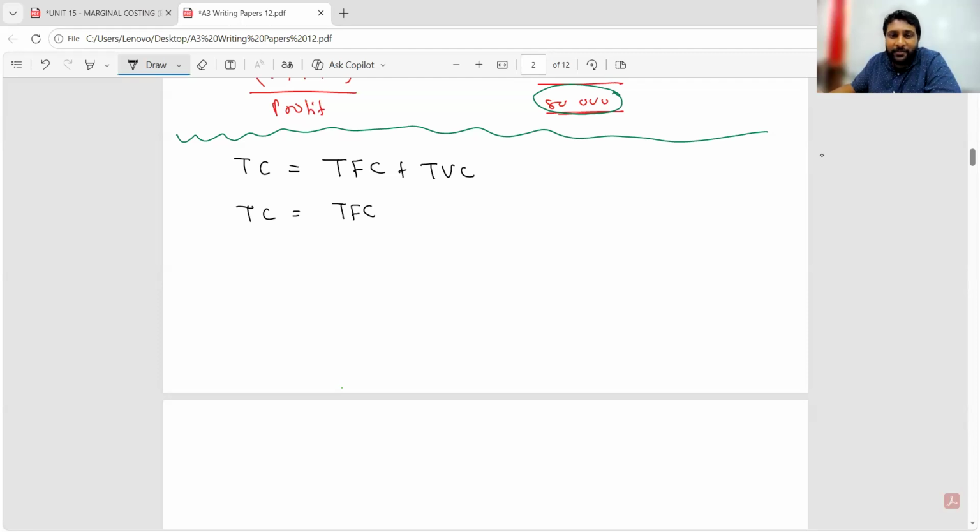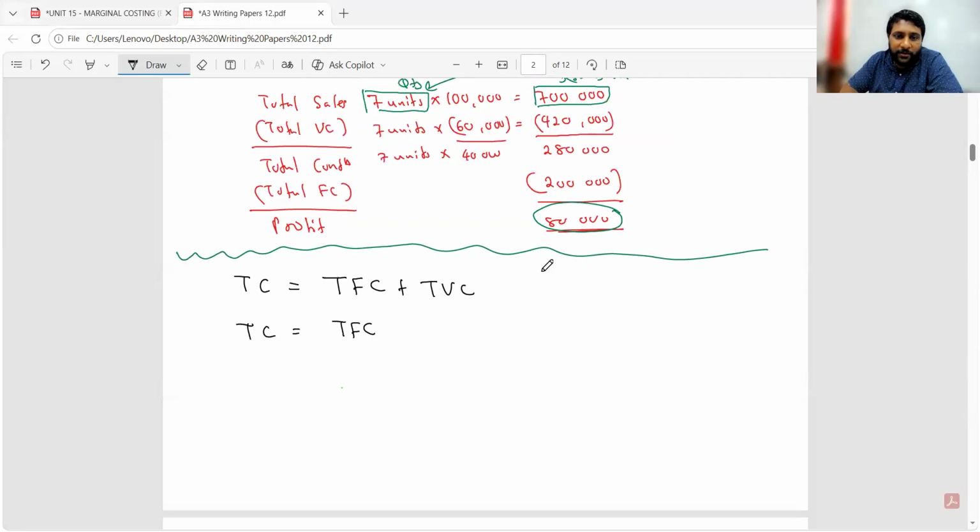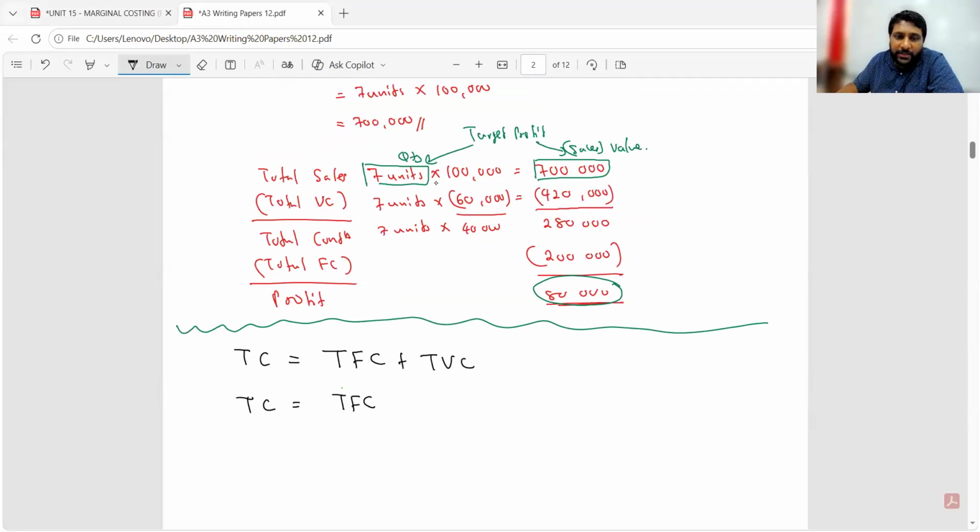For the total variable cost, here simply you have to take the cost of the number of units that you are selling. It's like the cost of sales calculation. Here the sales are 7 units, so the cost of 7 units. As long as you get the cost of 7 units, that's enough. You take the cost of the quantity that you are selling, same as the cost of sales calculation.